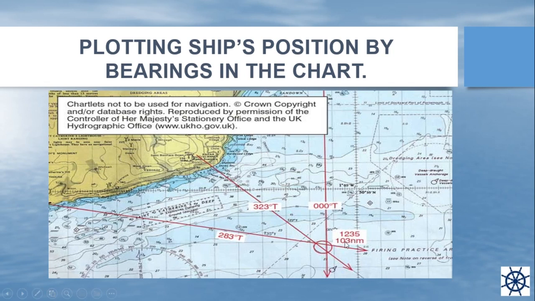So as you can see, the triangle forms on the intersecting lines of three lines of position. In the middle is your location or your fixed position. Chartlets not to be used for navigation.